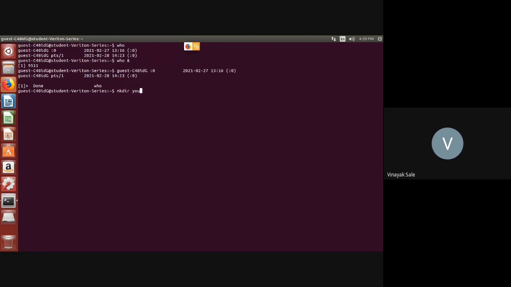I press enter. I have created a directory. Suppose I want to change that directory, that is here the version series. I want to change this directory to the created directory u. So cd, for change directory, then a space and the name of the directory you want to change to.